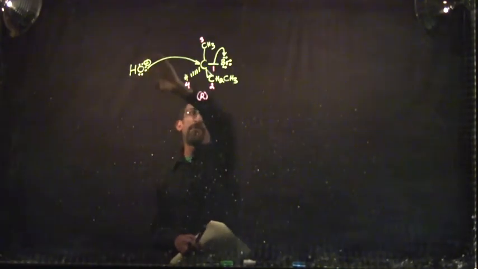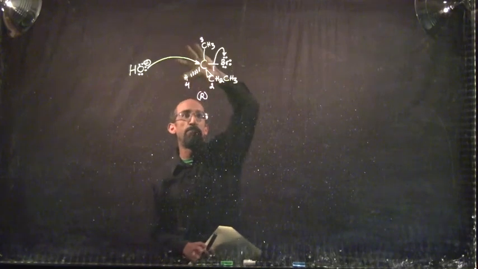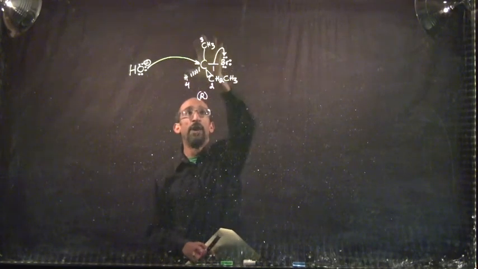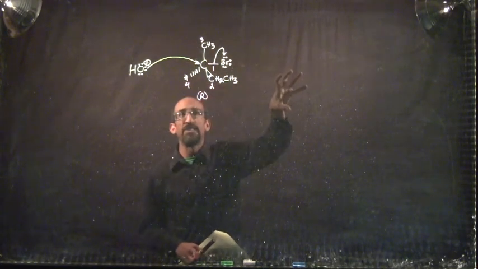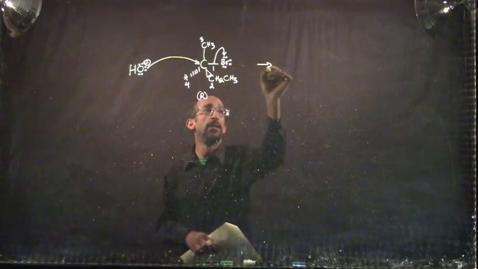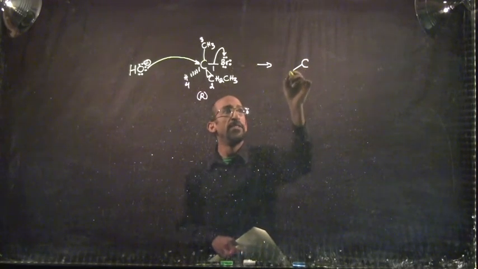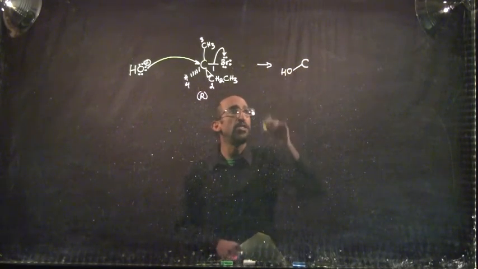So when this nucleophile approaches and the leaving group comes off, that nucleophile actually pushes all of these other 3 groups to the opposite side. So my product would be drawn like this. Here's my carbon atom. There's the nucleophile that I've attached.